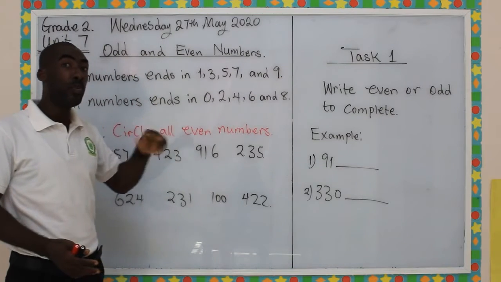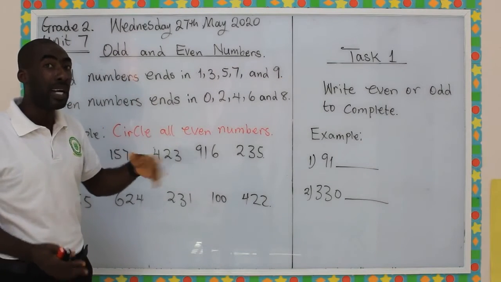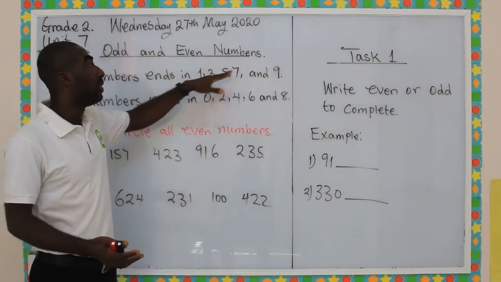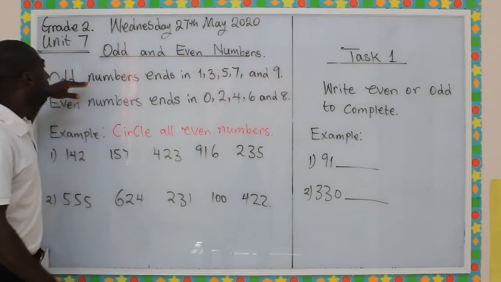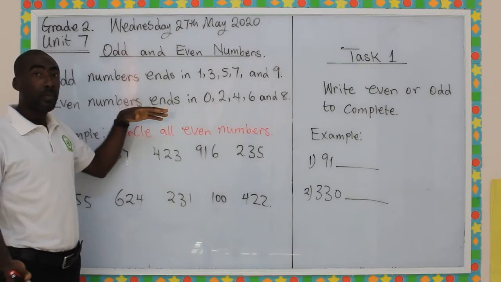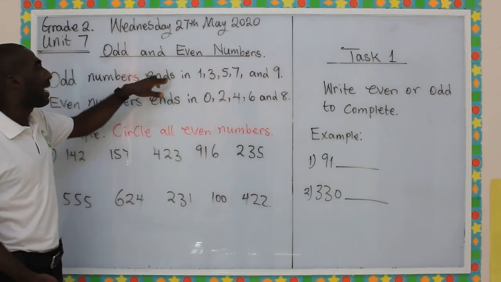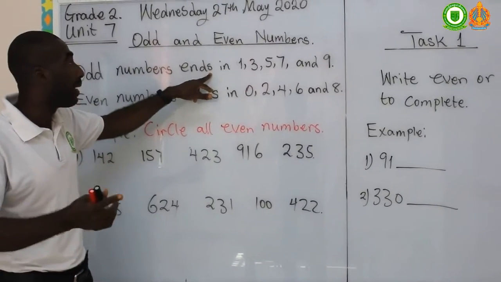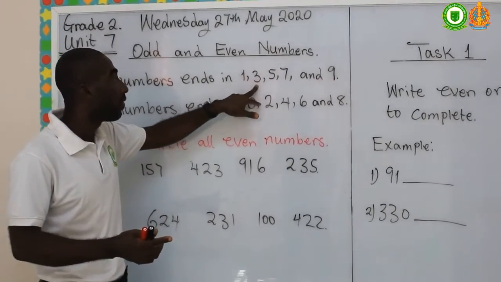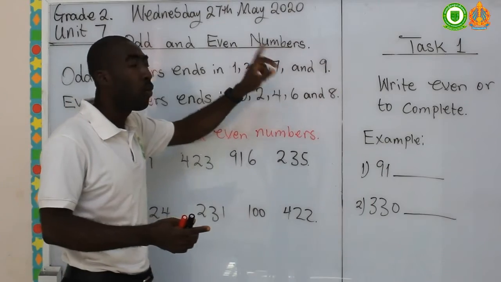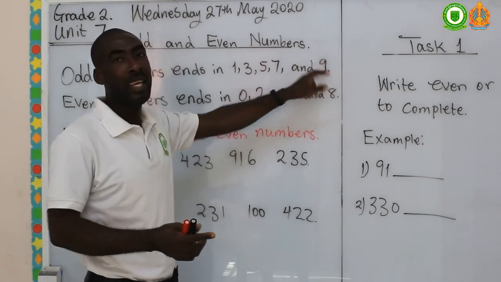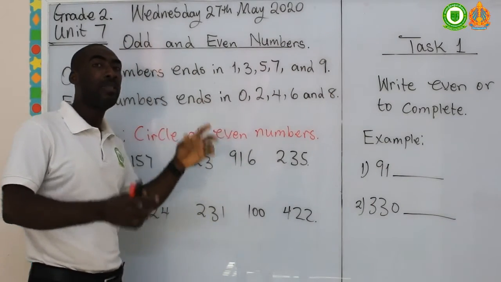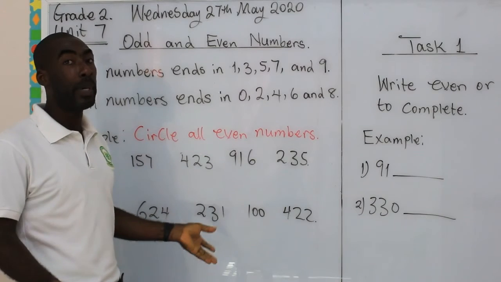That will help you to know if a number is an odd number. Whenever you have a larger number or a big number and the last digit of that big number is 1, 3, 5, 7 or 9, it means that that big number is an odd number.